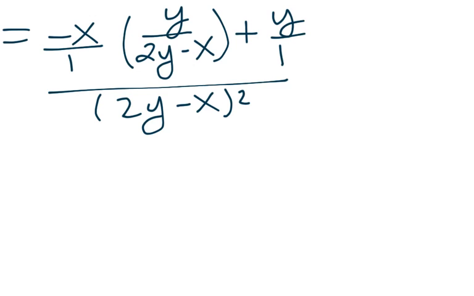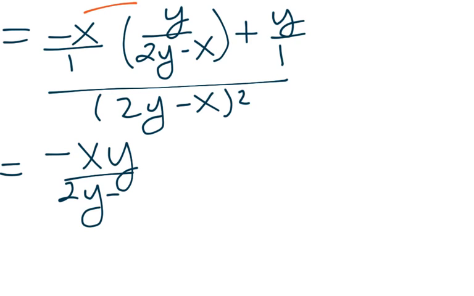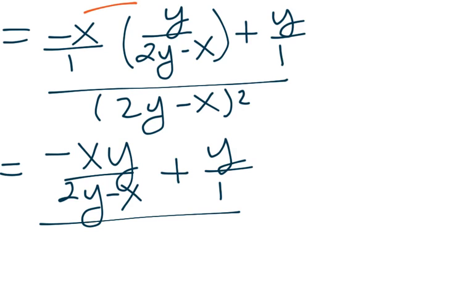It's the same thing from the other problem, it's just that I added the denominators to make this easier to solve. So when you multiply these out, you get negative xy over 2y minus x plus y over 1, over (2y minus x) squared.